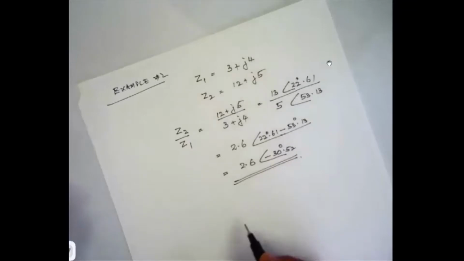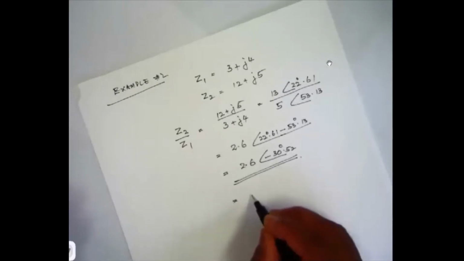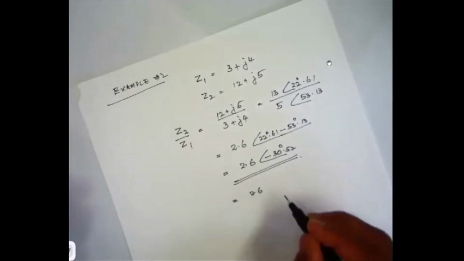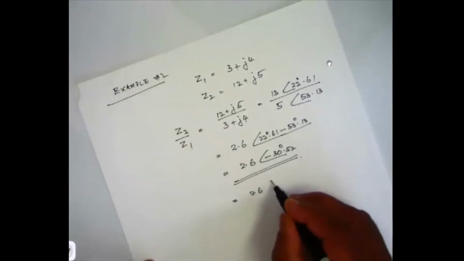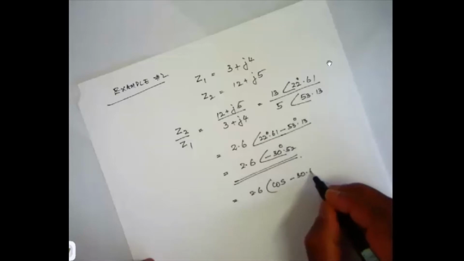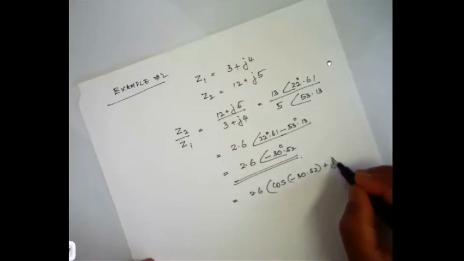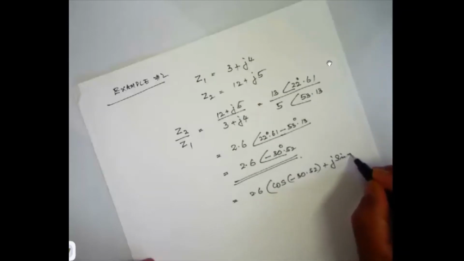Like earlier, if you want, we can convert it back to rectangular form. So that is 2.6 cos negative 30.52 plus j sin negative 30.52.